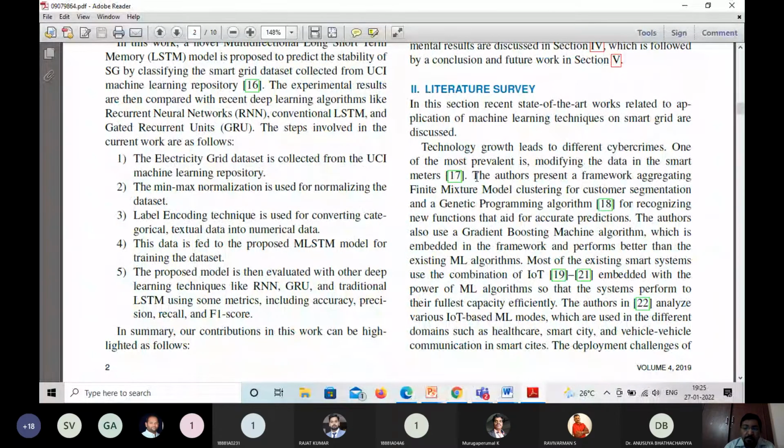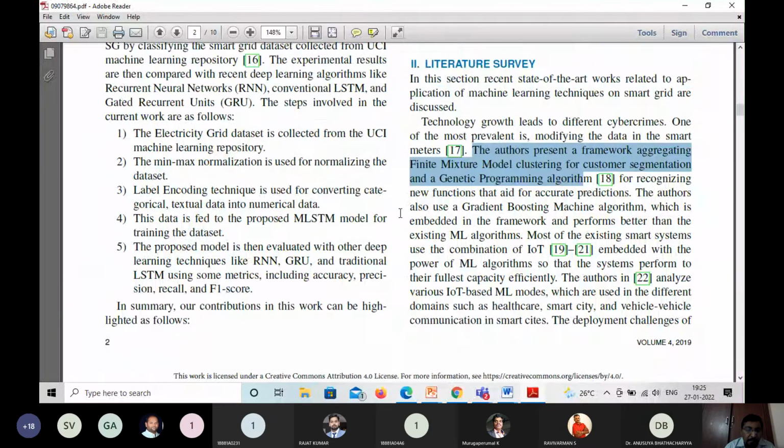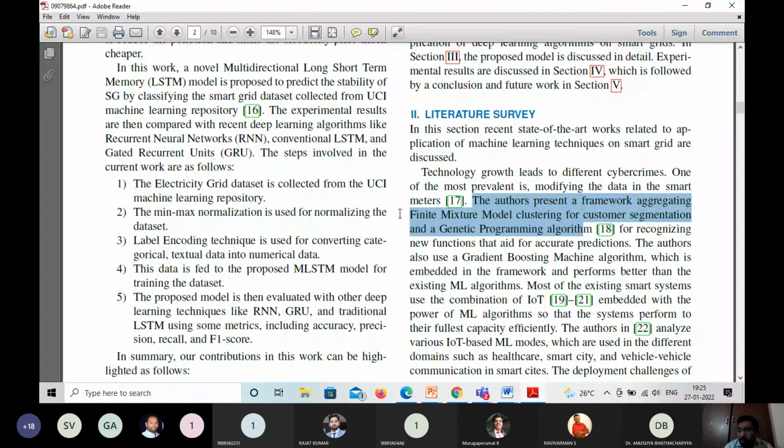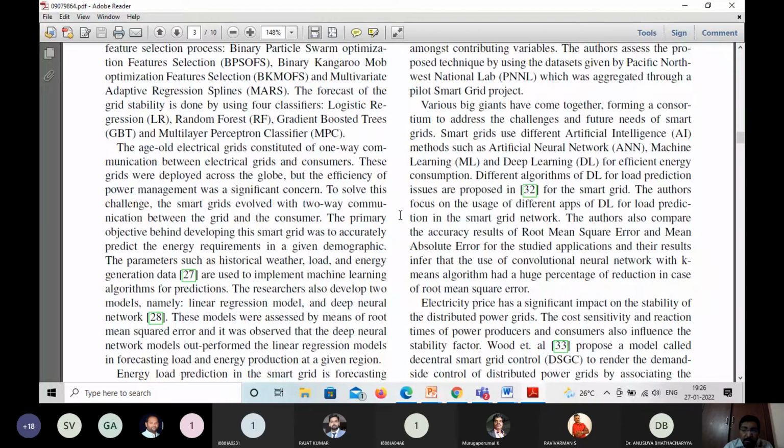So we are just writing what the authors are discussing, and then we are just highlighting the number. If I click on that particular number, it should directly go to my reference, right? So these are two ways of citing an article.